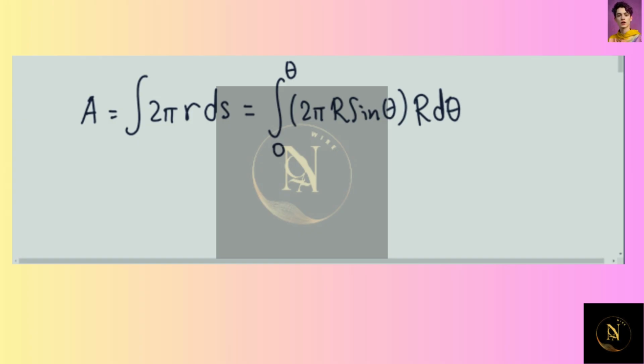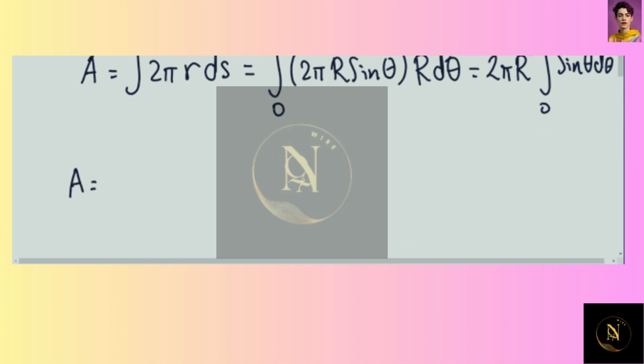Now, as you can see in here, the only thing that depends on theta is the sine of theta, so we can take everything else out of the integral. We are left with the integral from 0 to theta of the sine of theta.